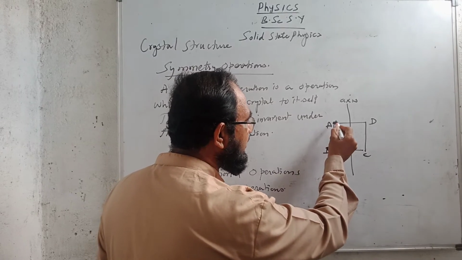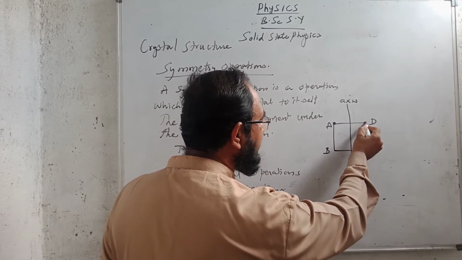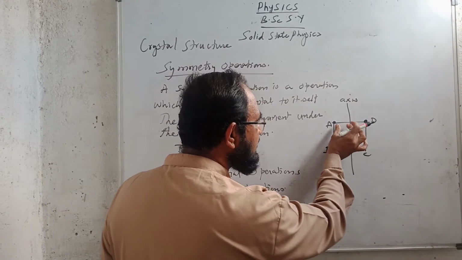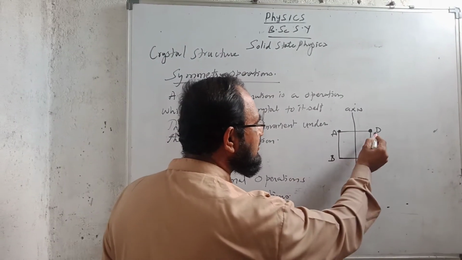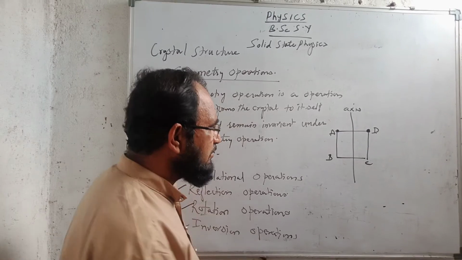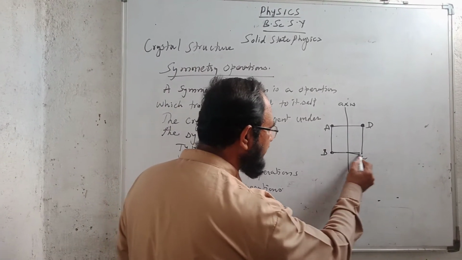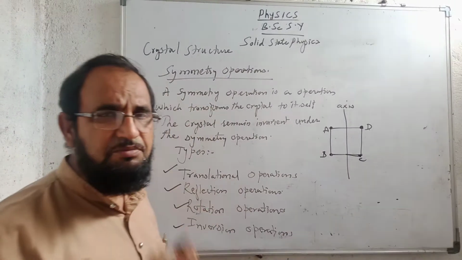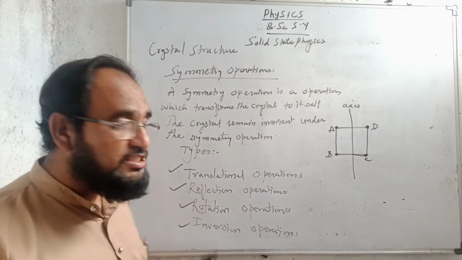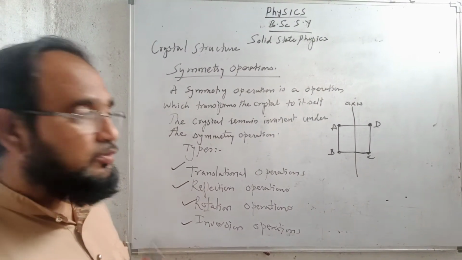So I can say that point A is reflected to point D, meaning this distance is equal to this distance, meaning point A is similar to point D. Similarly, point B is reflected as point C. It means that it has the reflection operation in 2 dimensions.